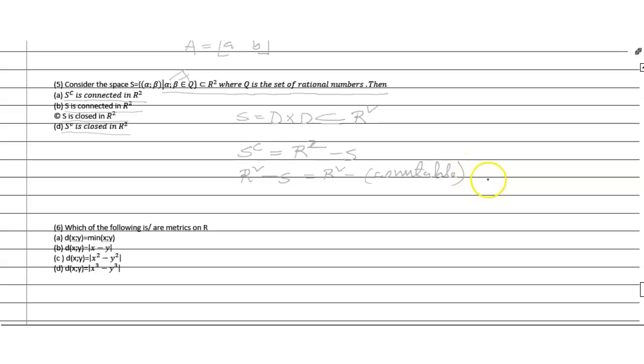So it is path connected, and path connected implies connected. This logic is very important: R square minus a countable set is path connected, and path connected implies connected.